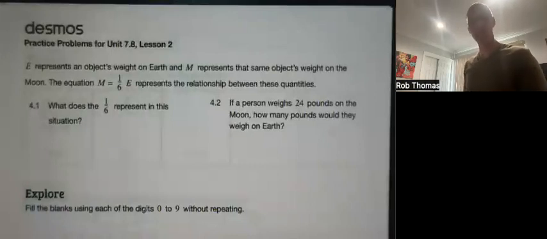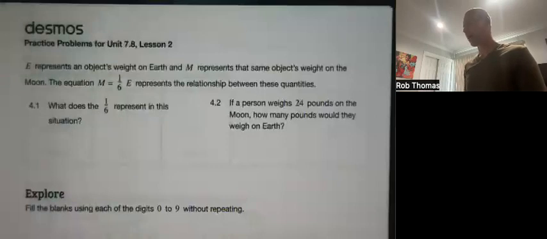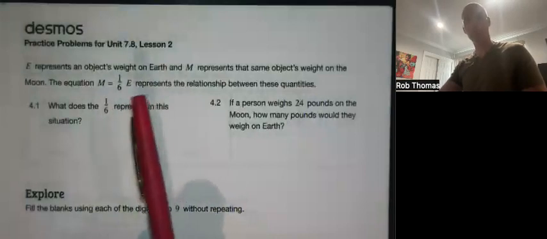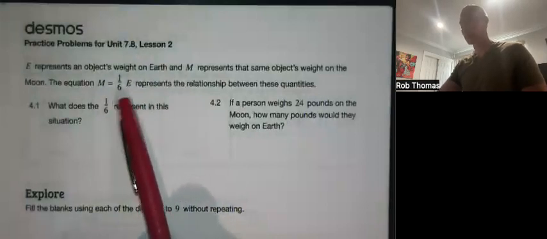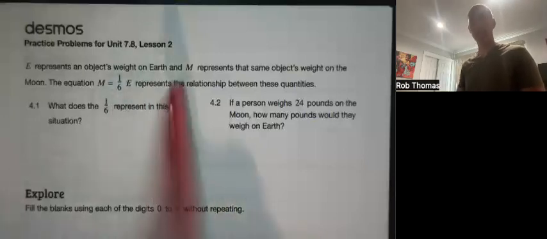So most people know this, but in case you haven't learned this yet, things weigh less on the moon because weight is a measure of gravity's pull on mass, and there's less gravity on the moon, so it's pulling less. In fact, it's about 1/6. The gravity on the moon is about 1/6 of the gravity on the Earth.